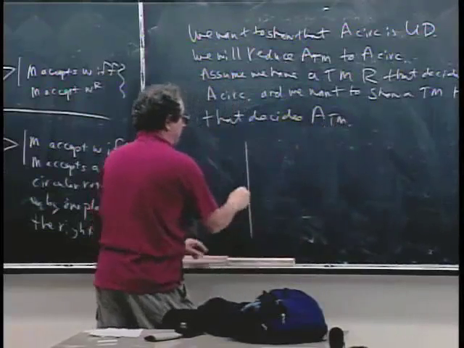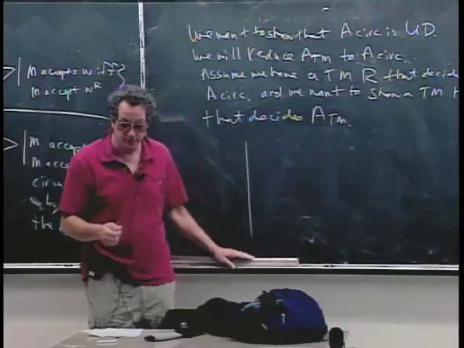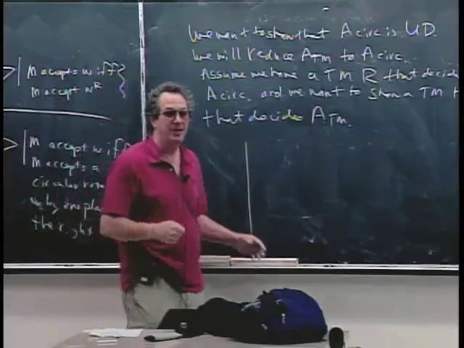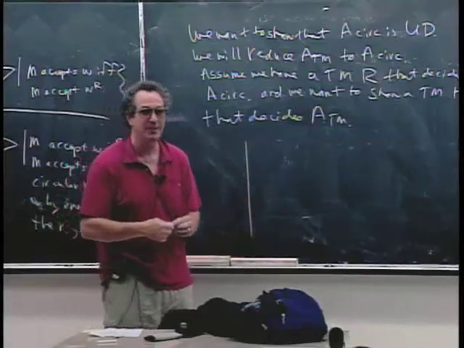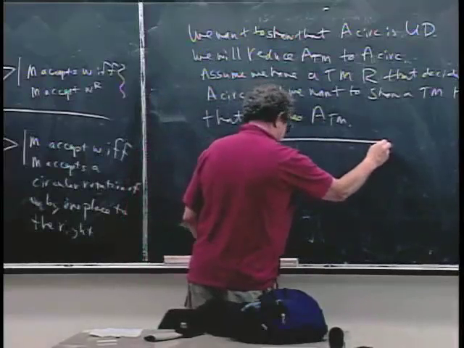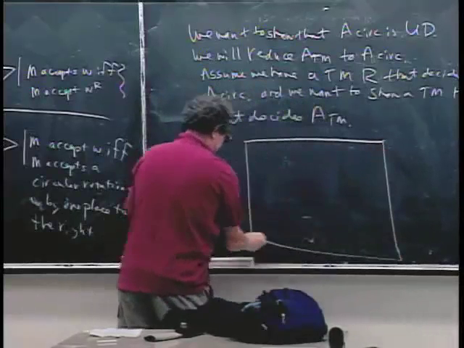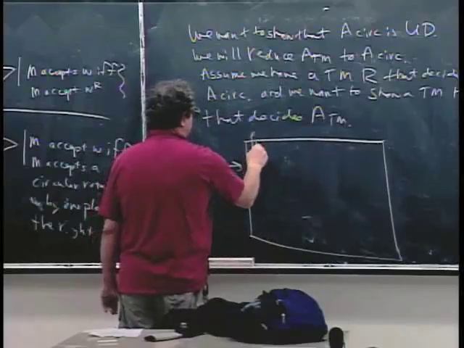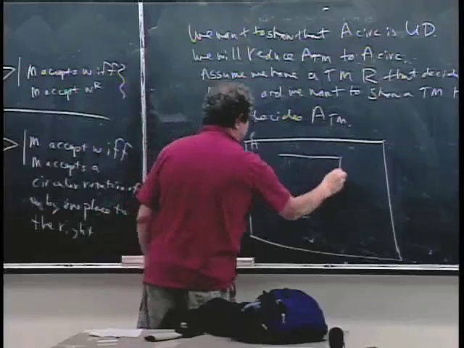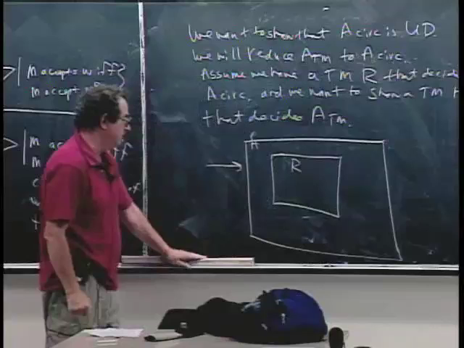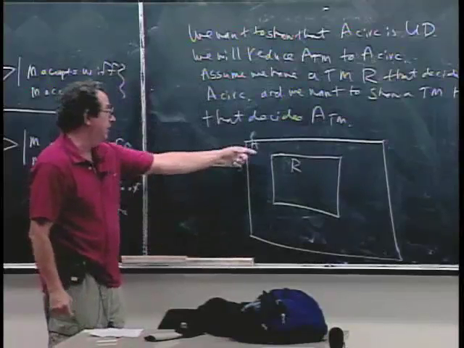Okay. So I'm stalling for time because I didn't write this down. It was so clear to me that, why bother? But now that everybody's looking at me and the TV at home, let's see if I can do it. Okay. So this is my H, and of course inside it is going to have R, and we're going to use R as the crucial magic to make H work.